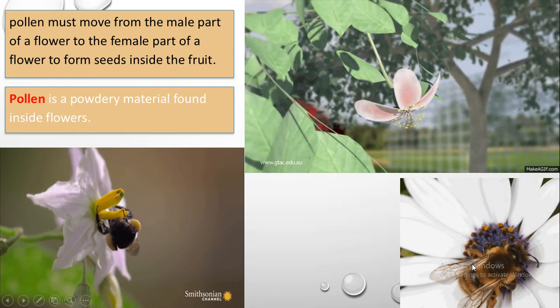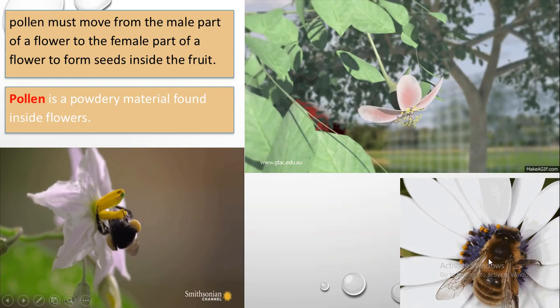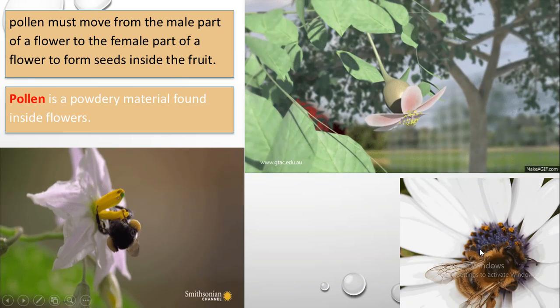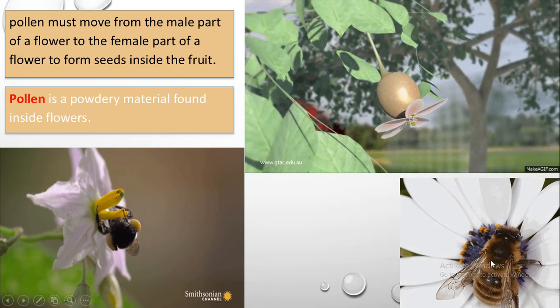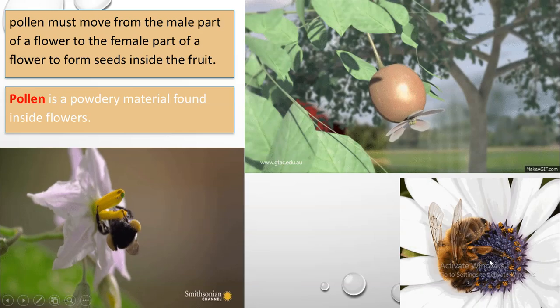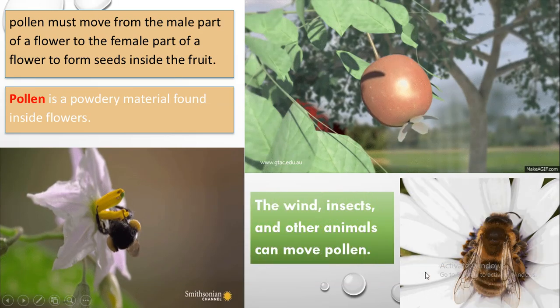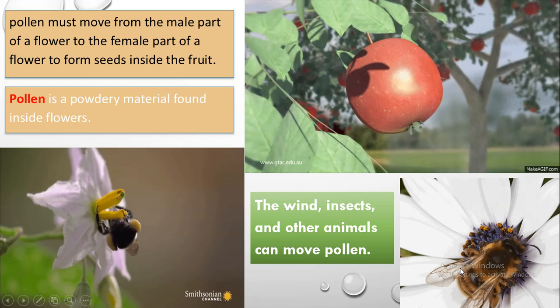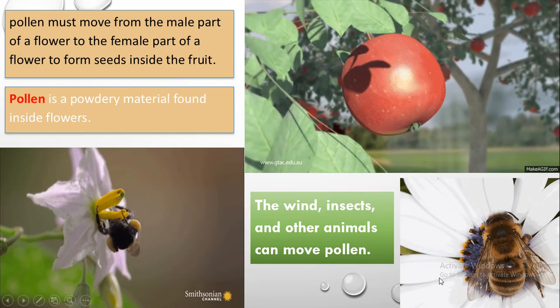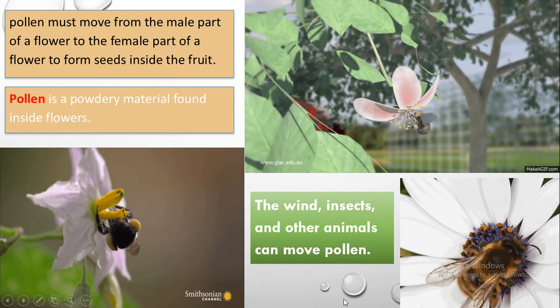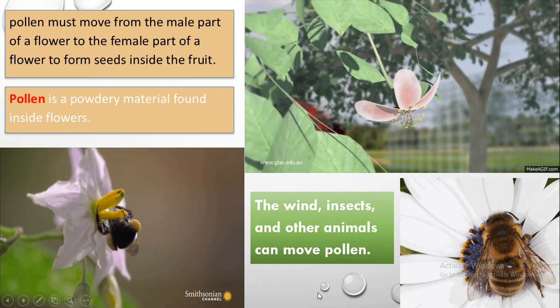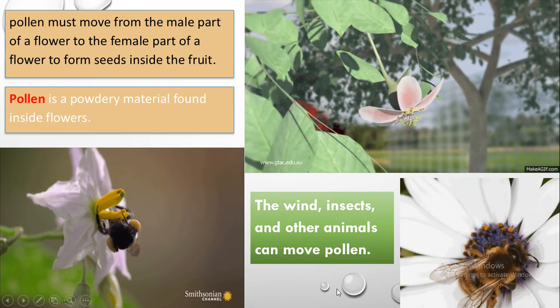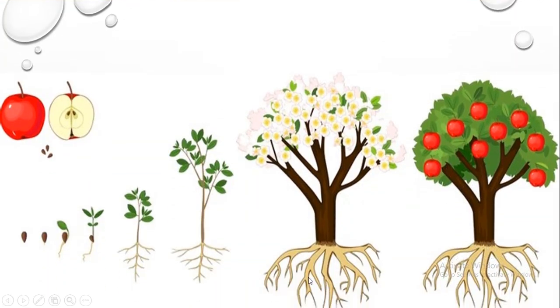The bee transfers the pollen from the male part to the female part in the flower. Insects, wind, and other animals can move pollen.